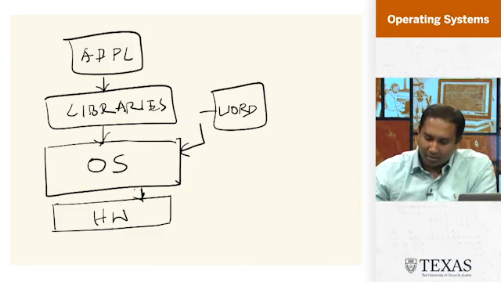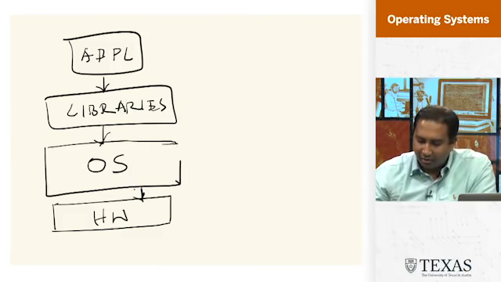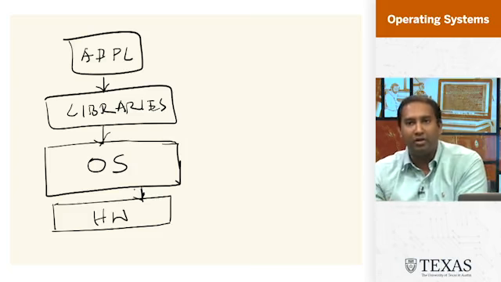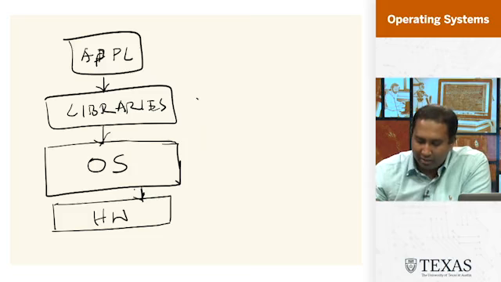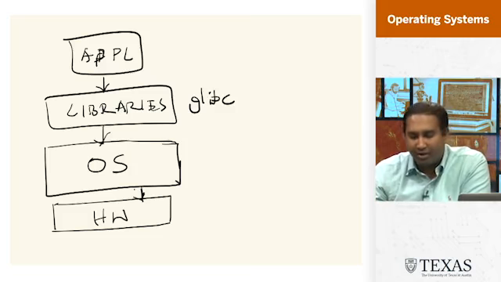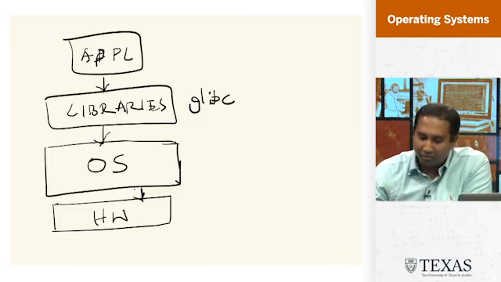Back when I was doing undergrad, this always used to confuse me, because many of the things that I thought the application was doing were interacting with the OS. It turns out that it was just a library which is then interacting with the OS. For example, glibc is a very popular library. Whenever you call printf, you're actually calling into glibc, which then calls into the operating system.